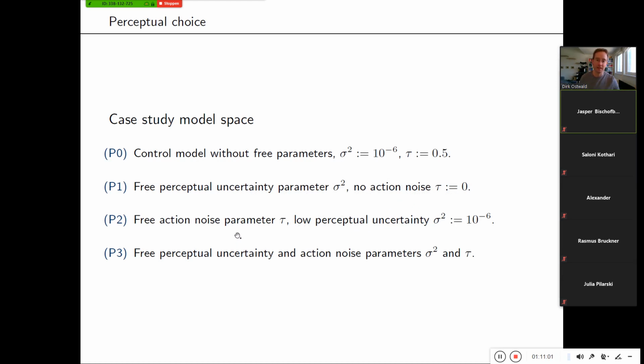What I really want is no perception uncertainty, but since it's a Gaussian, we cannot really set the sigma square to 0. We can just make it very small, so basically have a very steep psychometric function, but have a free noise parameter. And then we have a model with two free parameters: the perception uncertainty and the action noise parameter.